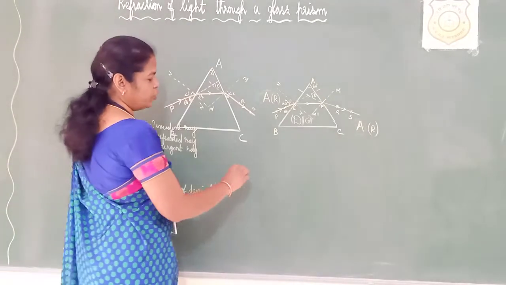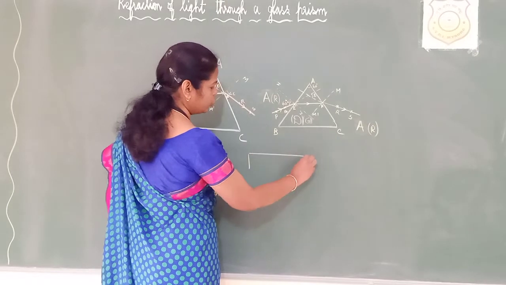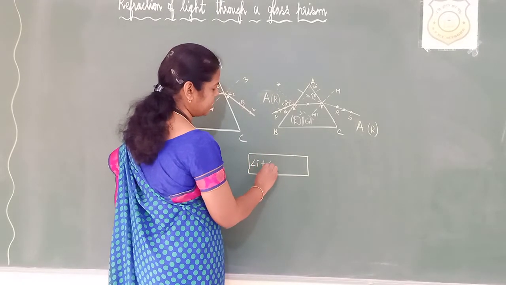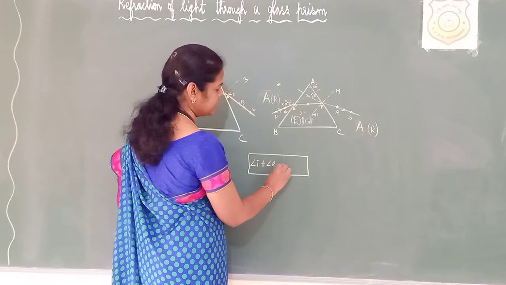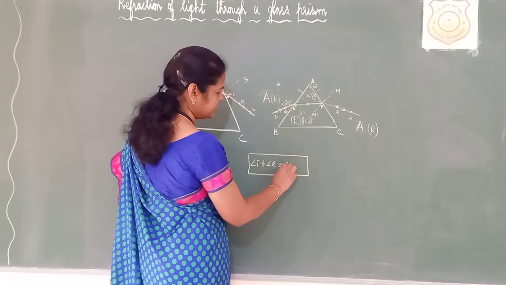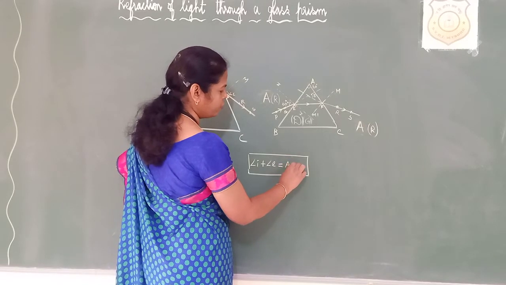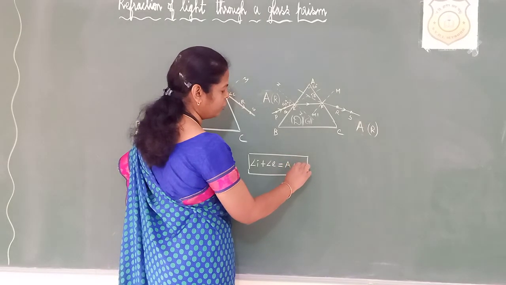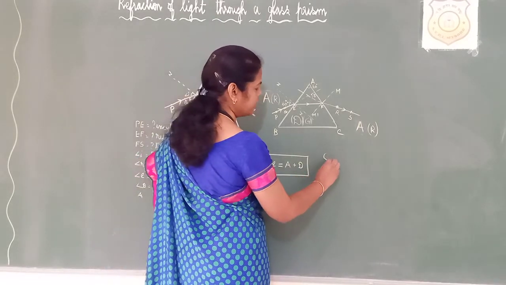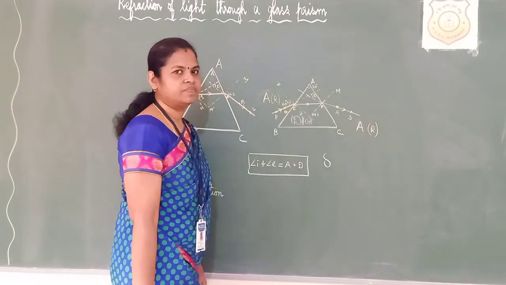By doing this activity, you will come to know that if you add the angle of incidence and the angle of emergence, you will get the angle of prism plus the angle of deviation. The angle of deviation is denoted by a Greek letter called delta.